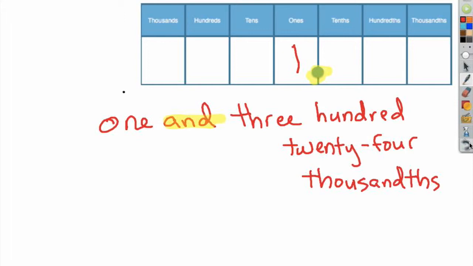And what place is that 4 going to be in? In the thousands place. That leaves me with 2 other numbers that go in front of it. What's going to go in front of that? 324 thousandths. What are my 2 missing numbers?